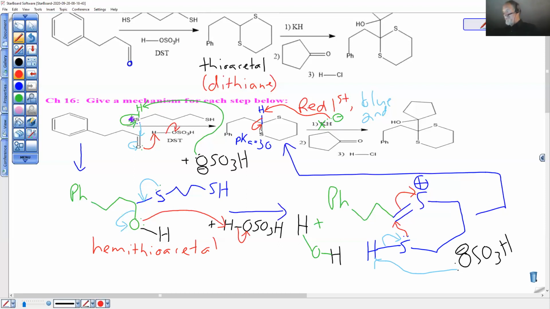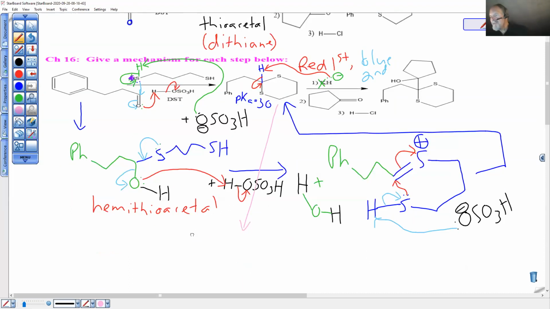Where am I going to put this? I think we're going to go light pink. Okay. And we're going down here. We don't need all that stuff at the top anymore. And what are we going to have?